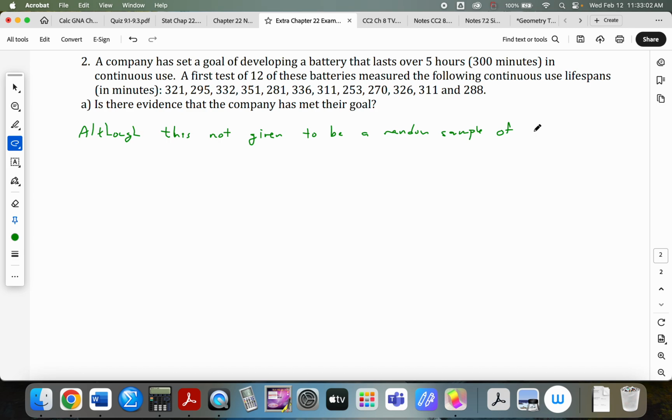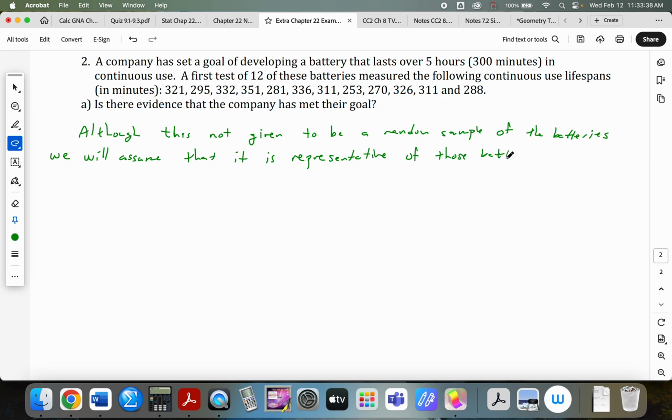Of the batteries, we will assume that it is representative of those batteries.